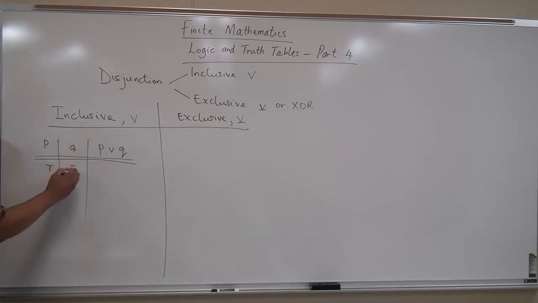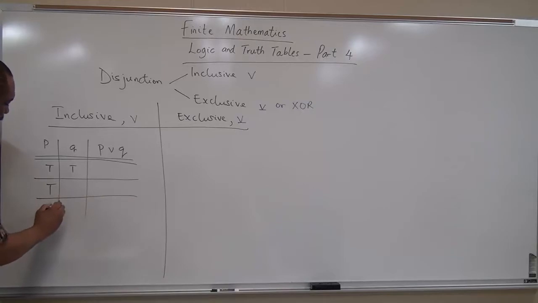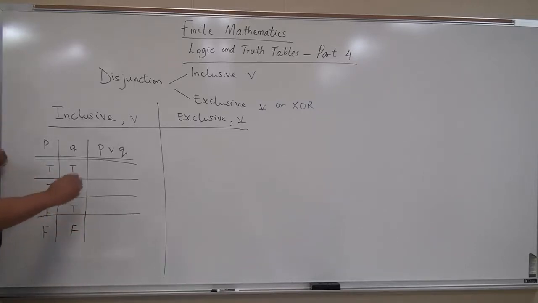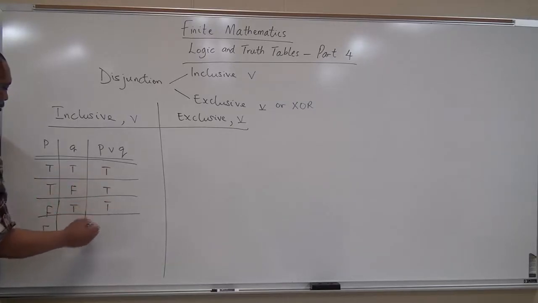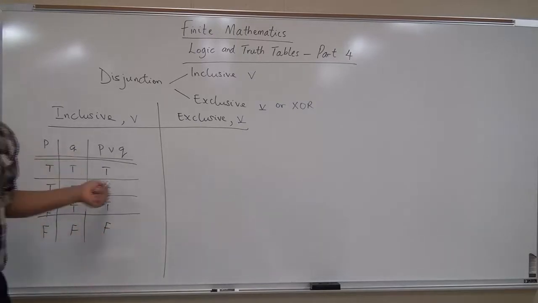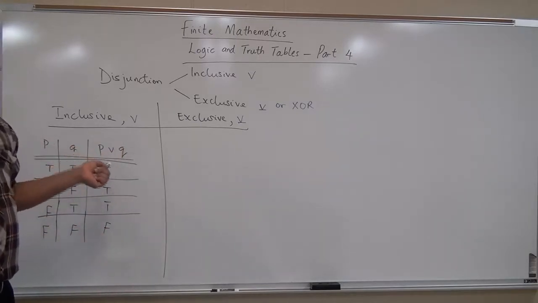So we have true, true, false, false for the first statement, and true, false, true, false for the second statement. So with the or, this will be true, this is true, this is true, and this is false. This is for inclusive disjunction. We did this in the second video.